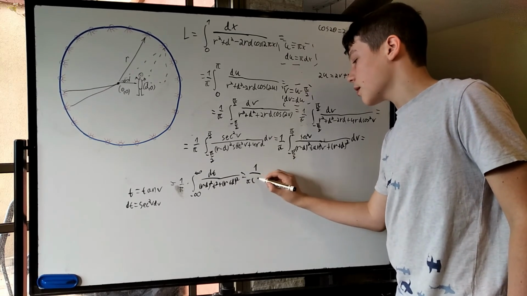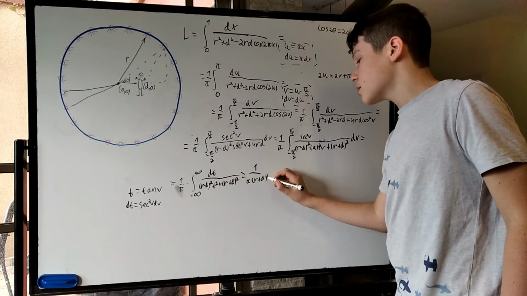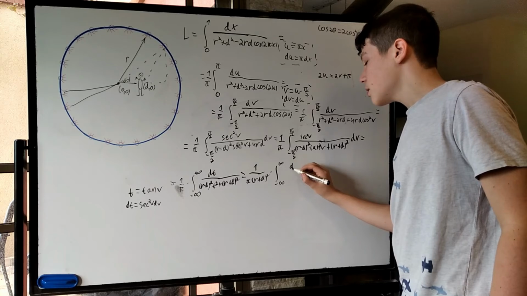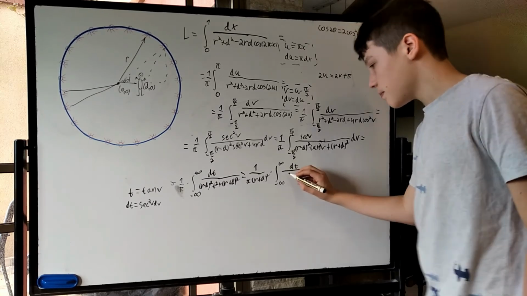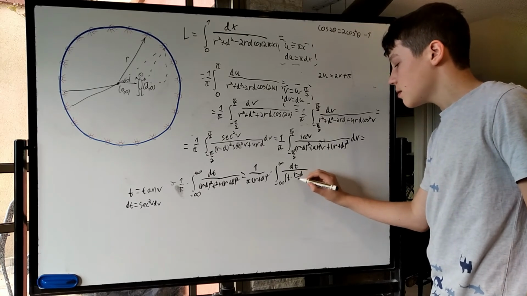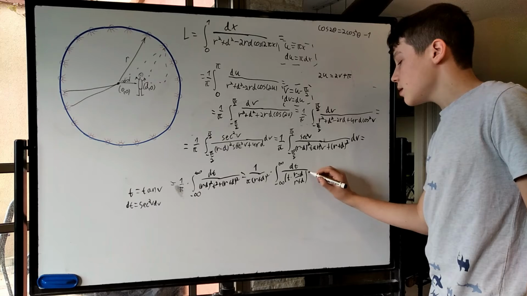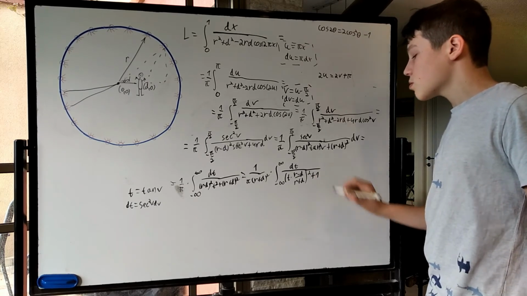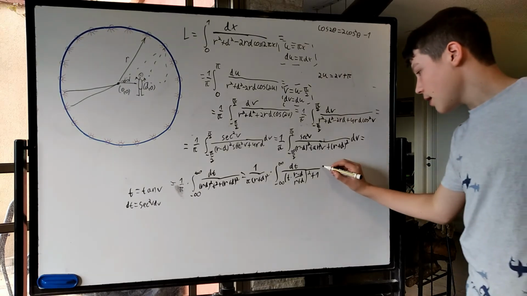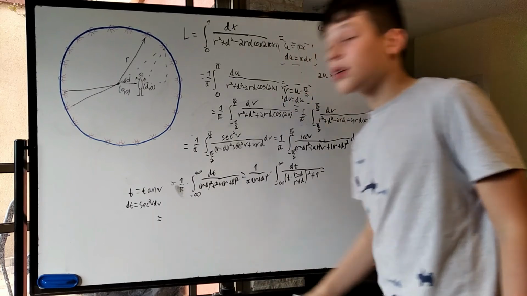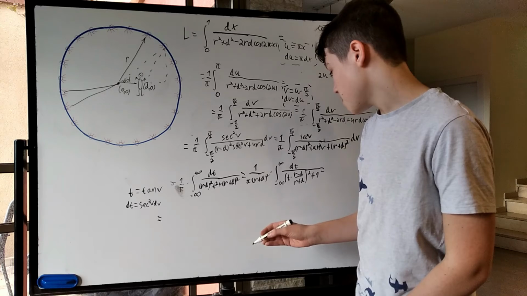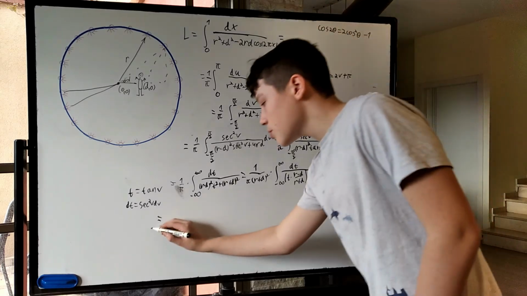So you get 1 over pi r plus d squared times the integral from negative infinity to infinity of dt divided by t times r minus d over r plus d squared plus 1. Now I will make yet another substitution, but this will be our final substitution.